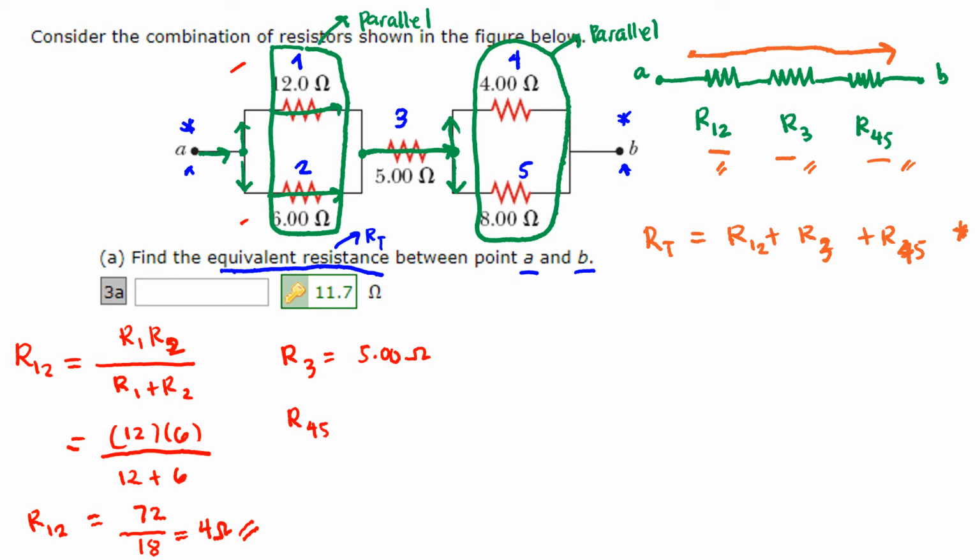Now let us solve for R45. R45 is the combination of resistors 4 and 5, and they're in parallel.